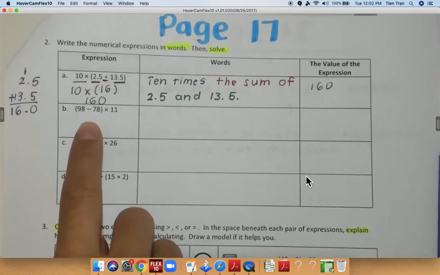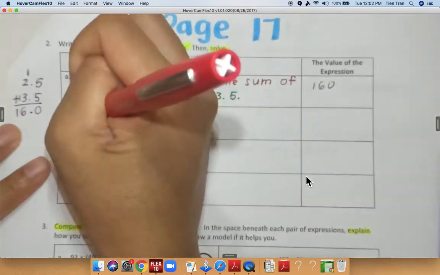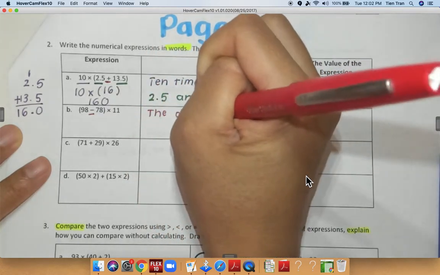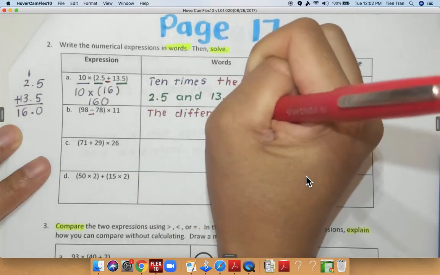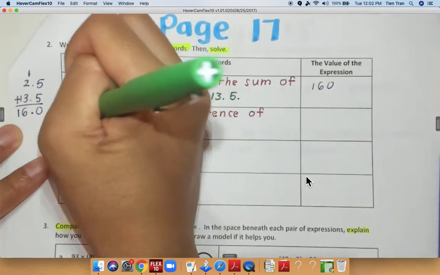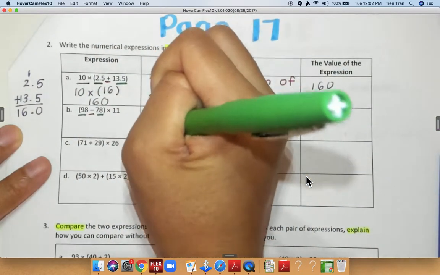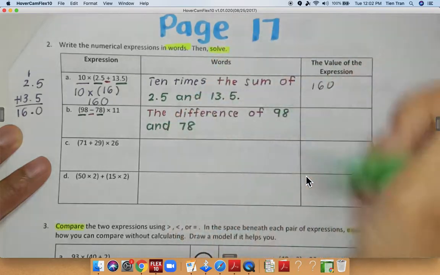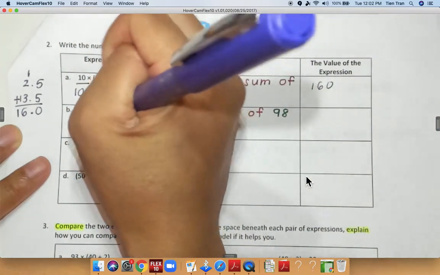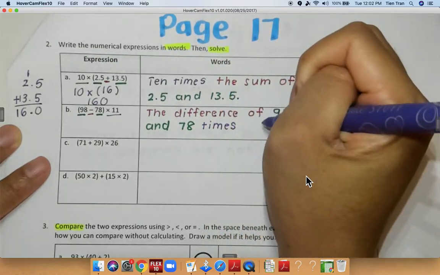I'm going to put the difference of, and what are the two numbers we see here? 98 and 78. And then what do we have here? We have times 11.